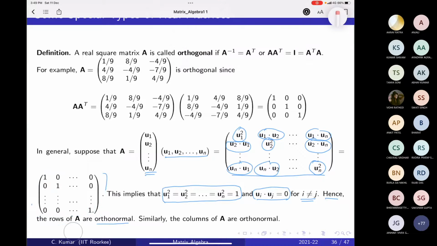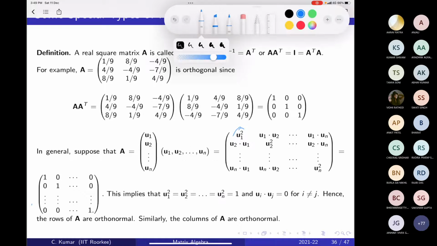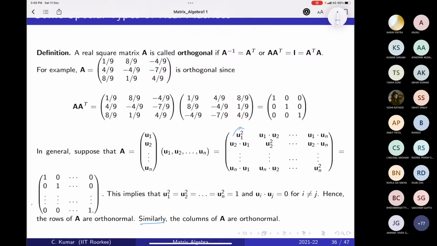Now, instead of taking the rows, if you take the columns, then also you can say that the columns are orthogonal. So similarly, we can say that the columns of A are also orthogonal.